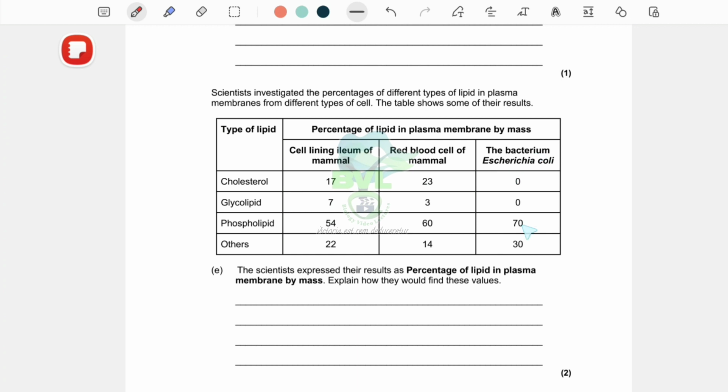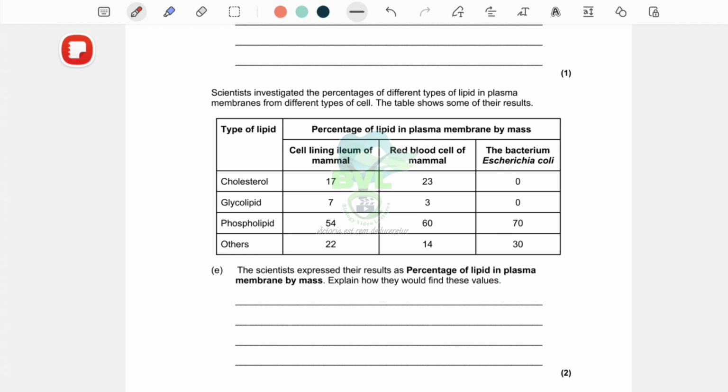So you're meant to look at the number of each of them. So the scientists expressed this result as a percentage. Explain how they will find this value. So how will you find the percentage of lipid in the plasma membrane by mass? So in who now? Plasma membrane.